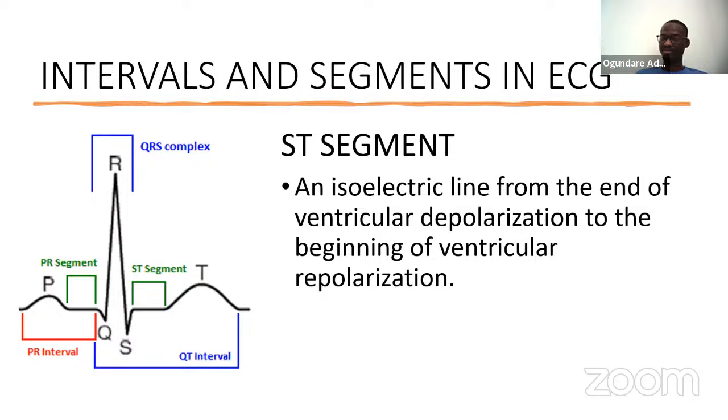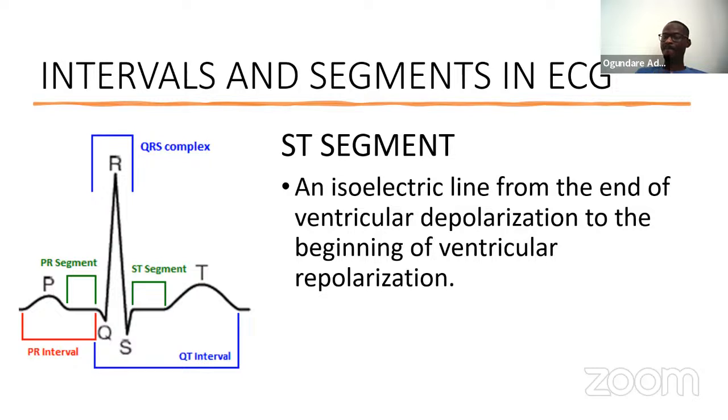And ST elevation can be seen in pericarditis, especially when it is widespread. When I say widespread, I mean throughout the leads, all 12 leads having the ST segments elevated.